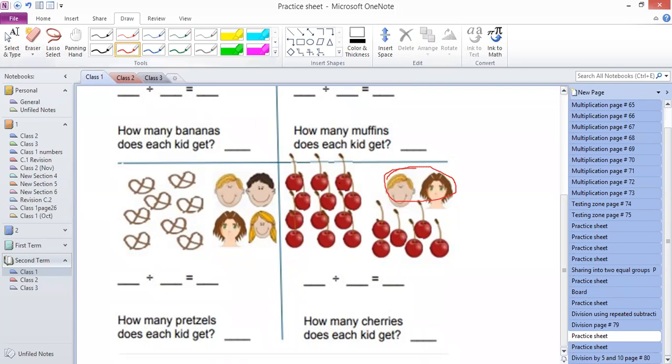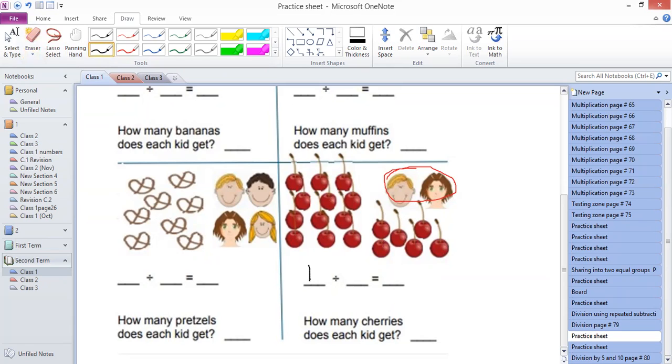Count with me. 1, 2, 3, 7, 8, 9, 10, 11, 12, 13, 14, 15, 16, 17, 18, 19. 19? No, 18. Yes, there are 18 cherries. Now divide 18 cherries into 2 kids.